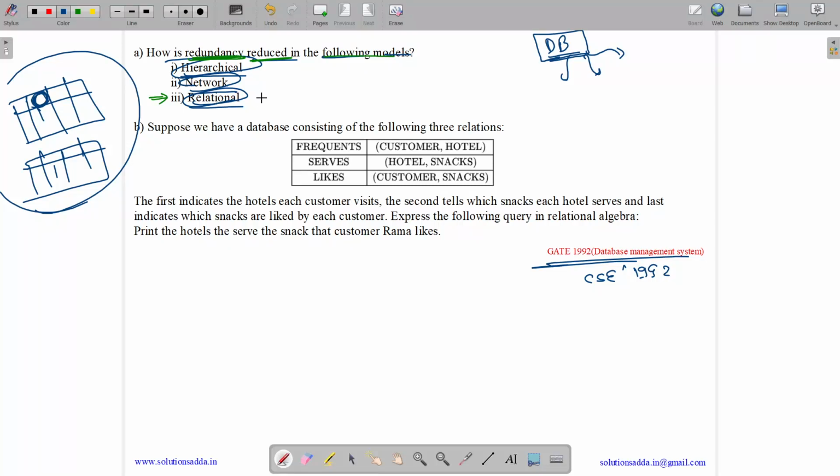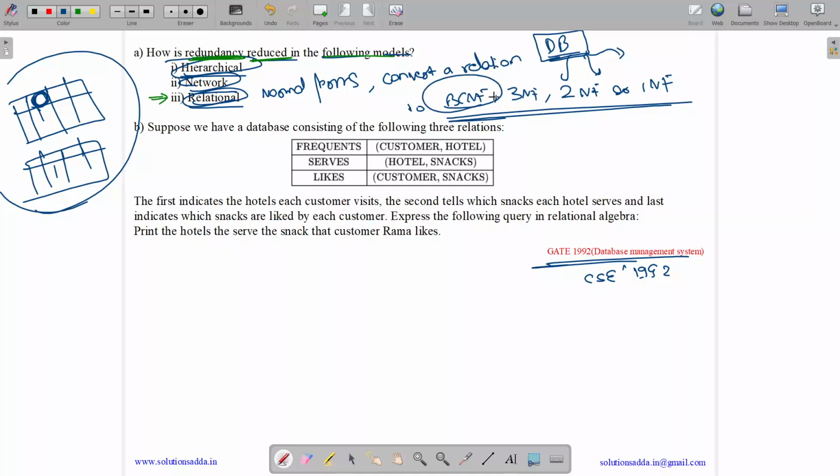So you can use the normal forms, which means you can convert a relation to BCNF, which is Boyce Codd normal form, 3NF, 2NF or 1NF if you want to reduce the redundancy. BCNF has the least redundancy and 1NF has the most redundancy. So we can use normalization to reduce the redundancy in the relational model.